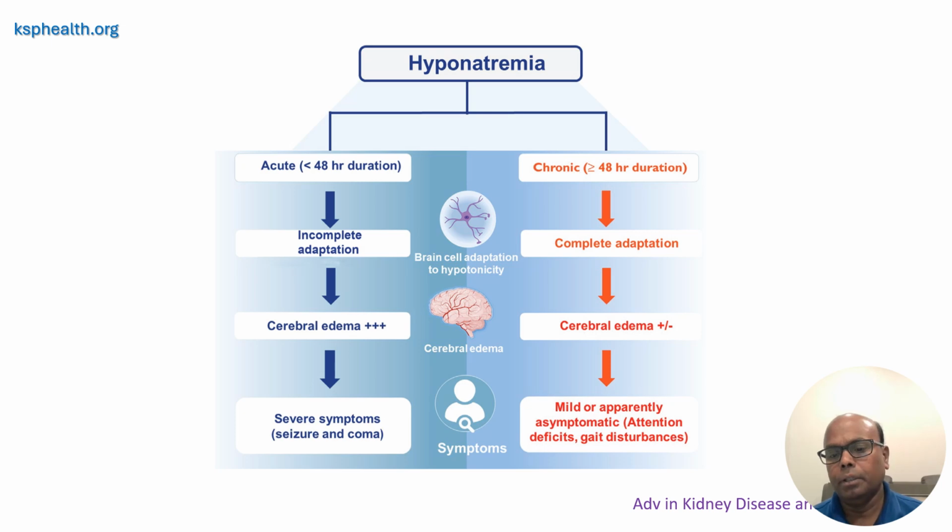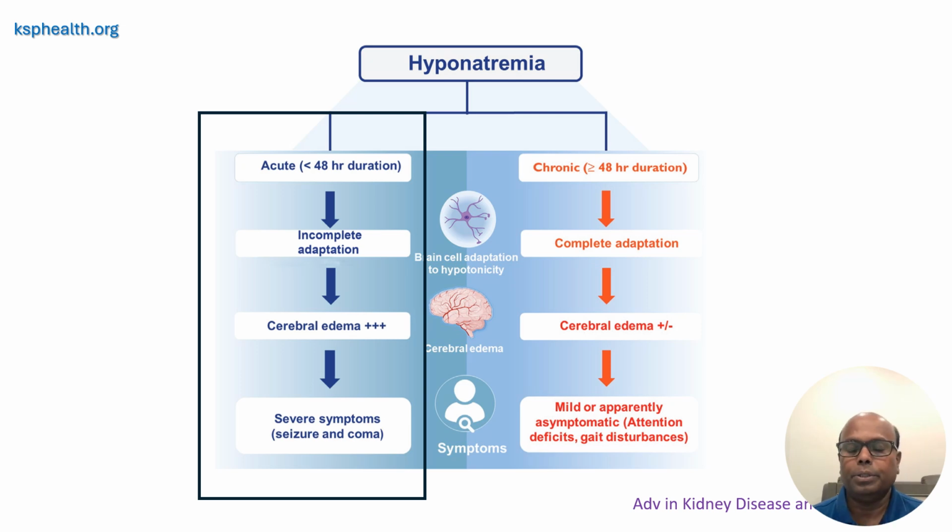This adaptation happens within 48 hours. That is called acute adaptation. When it exceeds 48 hours, we call it chronic. The reason 48 hours comes into play is that by 48 hours, almost all the mechanisms have played out to keep the cell membrane intact during early or acute adaptation.